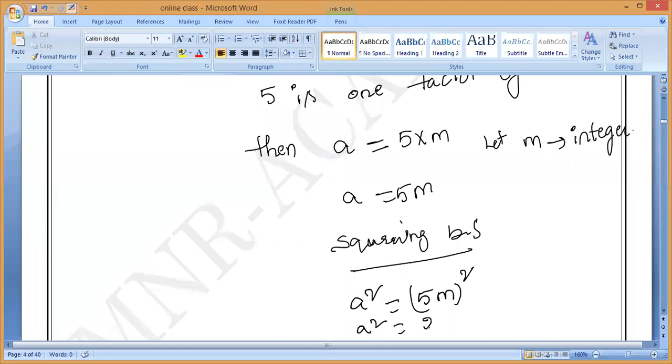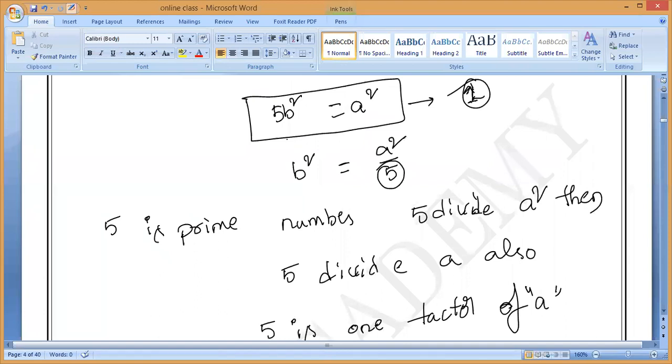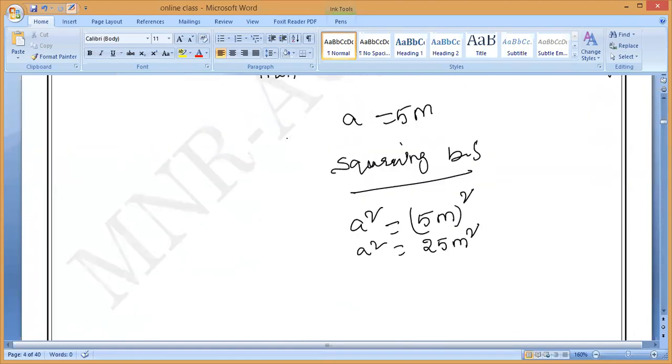A square is equal to 5M whole square, which is 25 M square. See equation 1: A square equal to 5B square. In place of A square, we can write 25 M square. So 5B square is equal to 25 M square. B square is equal to 25 M square by 5.